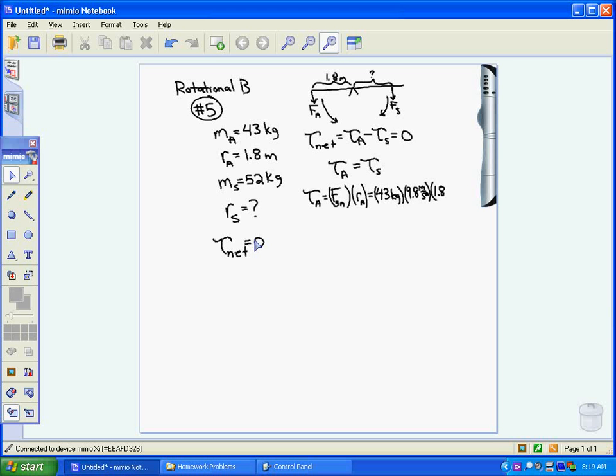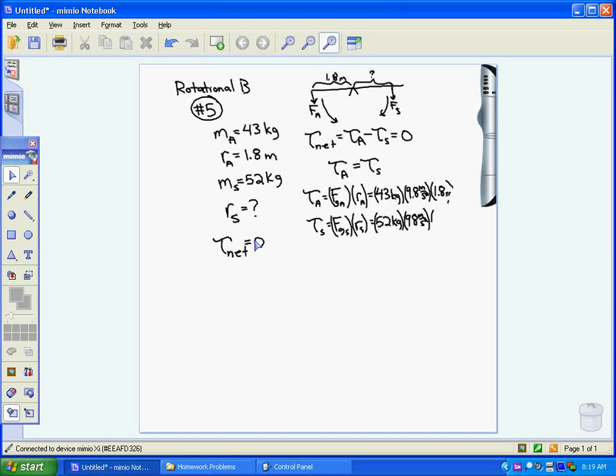Now, the torque of Steve is going to be equal to the force of gravity on Steve times the radius of Steve, which is 52 kilograms times 9.8 meters per second squared times the radius of Steve.